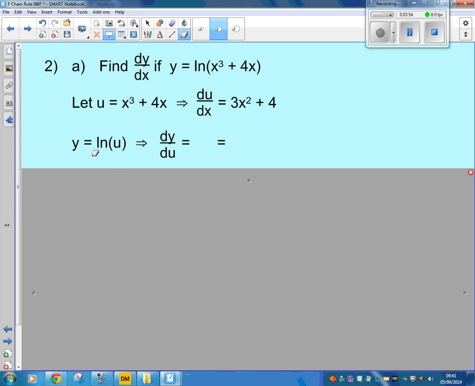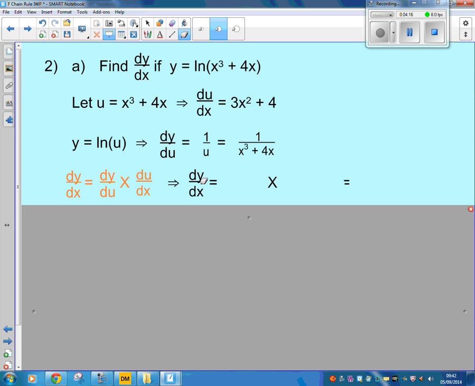Now, if you had y equals ln of x, and you were finding dy over dx, you'd say it was 1 over x. So just the same way, if y is ln of u, and you're finding dy over du, you get 1 over u. Replace the u by the x cubed + 4x, so dy over du is 1 over (x cubed + 4x).